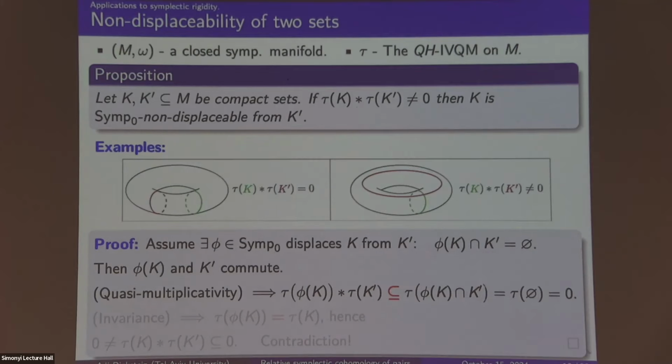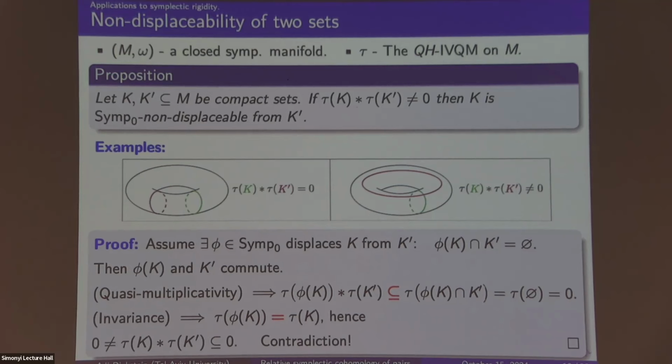By the quasi-multiplicativity, we get that the product of the measures is a subset of the measure of the intersection, which is the empty set. So using the normalization, this is 0. On the other hand, using invariance, we know that the measure of phi of k equals the measure of k. Thus, we get a contradiction.